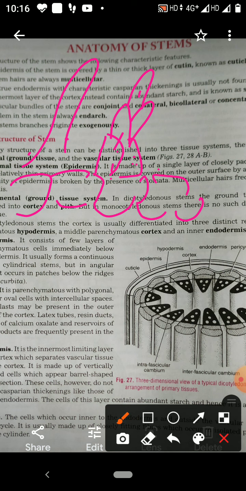Now, there is the ground tissue. Ground tissue is differentiated into cortex. In the stem, the cortex has hypodermis, endodermis, and parenchymatous tissue.